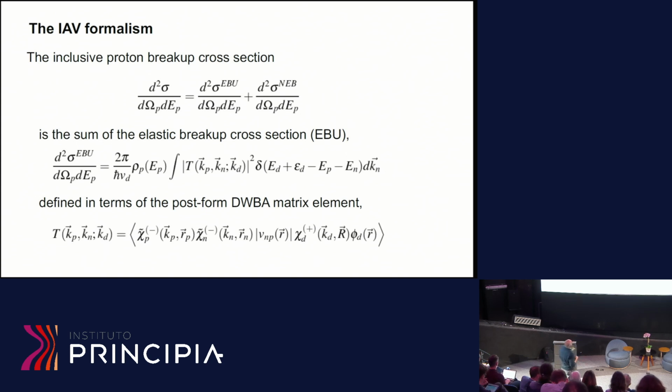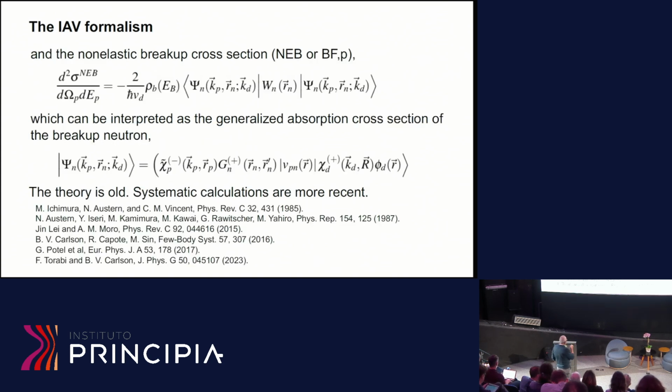The other term, the non-elastic breakup term, you can write in a form that you saw in Felipe's presentation as the average value of an imaginary potential. In this case, if we're calculating proton emission, we want to calculate neutron absorption.